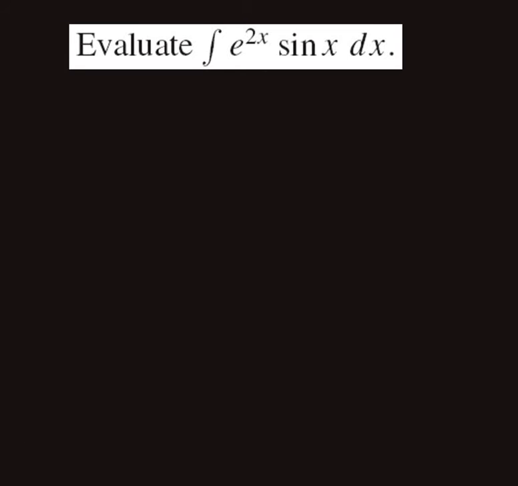The first part is to say who is going to be u and who's going to be dv. So let u be equal to e to the 2x. Then du is equal to 2 e to the 2x dx.